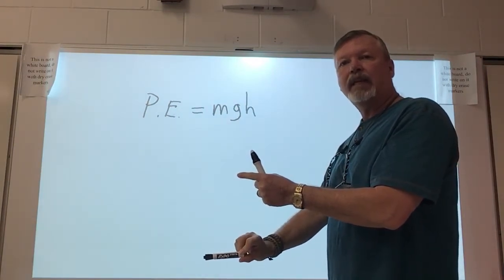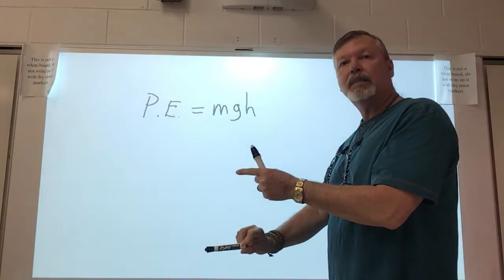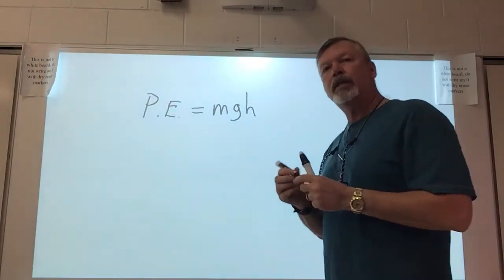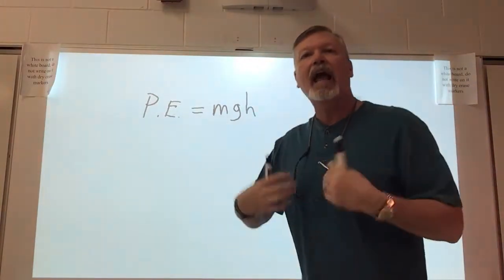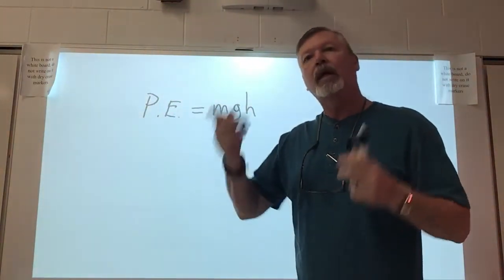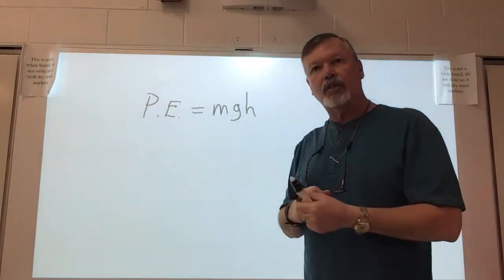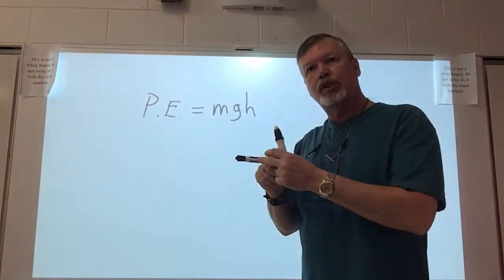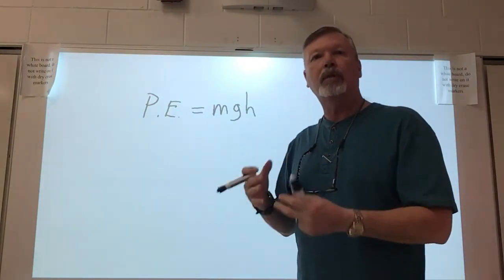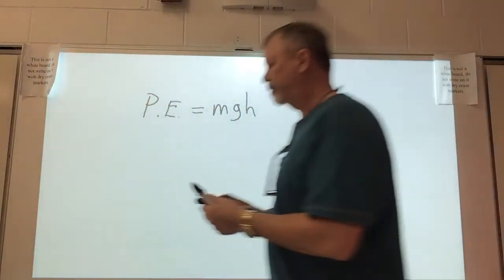The height is less than here, therefore it has less potential energy. So potential energy is the energy that an object inherently has stored in it because it has a position somewhere in the universe. And here inside of a gravitational field, it has potential energy stored in it because it is a certain height above the object that's producing the gravitational field. Okay?